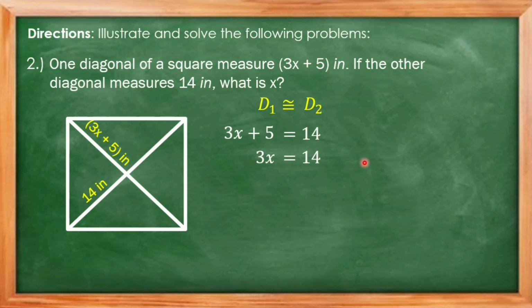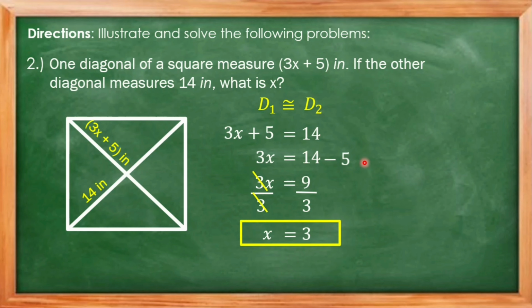So, bring down 14 and then positive 5 magiging negative 5. Okay, so 3x then 14 minus 5 is equal to 9. And then divide both sides by the coefficient of x, which is 3. So 3x divided by 3 is equal to x and 9 divided by 3 is equal to 3. Okay, so therefore, the value of x in this problem is equal to 3.